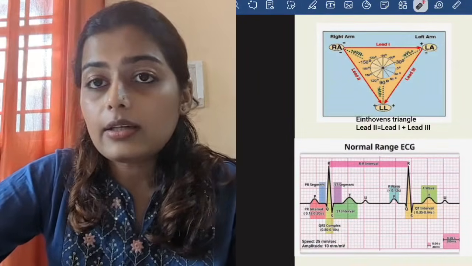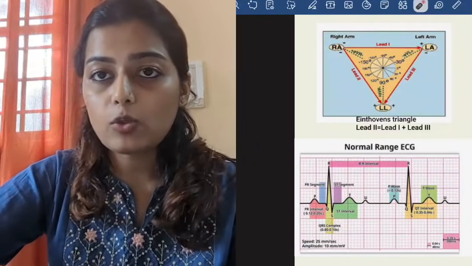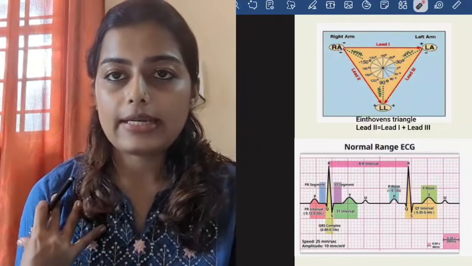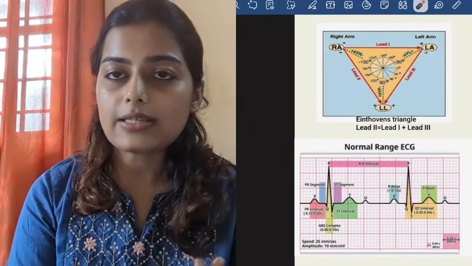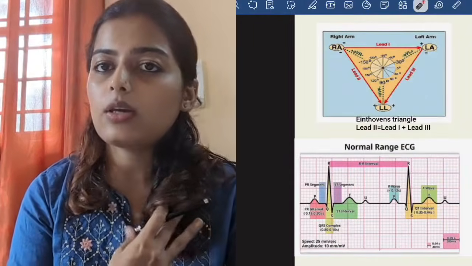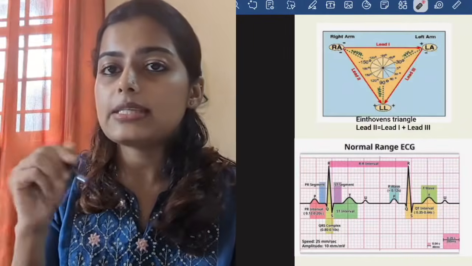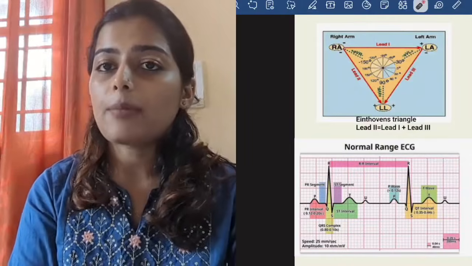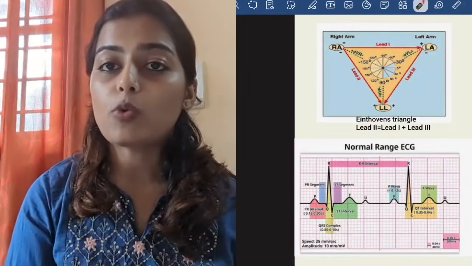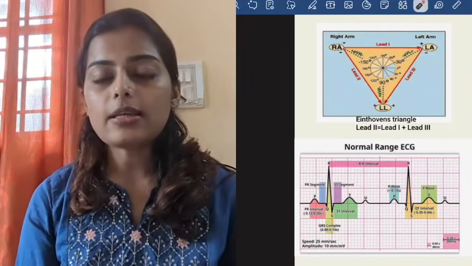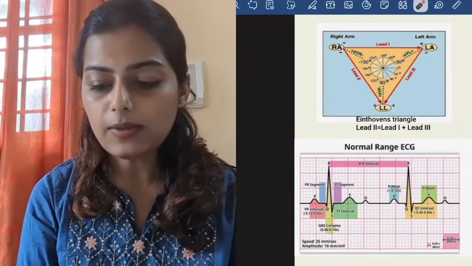And the chest leads, they are numbered from V1 to V6. So V1 is on the right side and the rest of the chest leads, that is V2 to V6, are on the left side. Sometimes we have V7, V8 also, which we place behind to diagnose posterior wall MI. So that's it about ECG leads superficially.